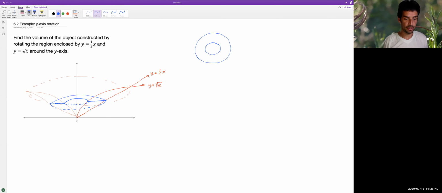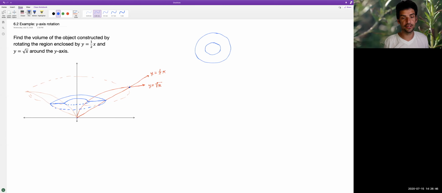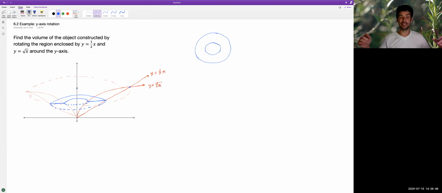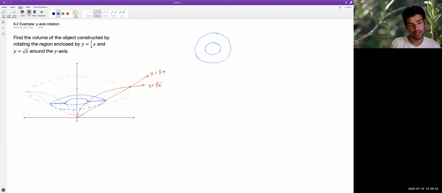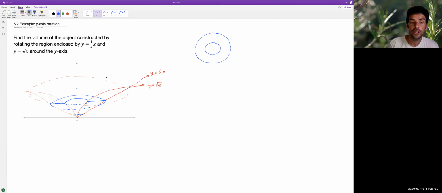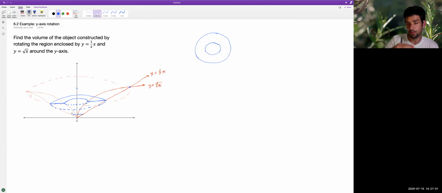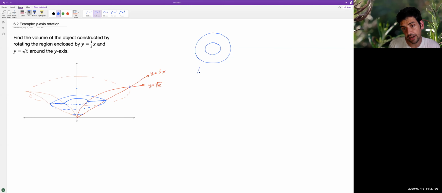For instance, the area of the ring at the bottom would be 0, and the area of the ring at the height of this intersection would also be 0 because there's no real ring. In the middle, it gets widest somewhere in here where you have the largest area. Down here, if we sliced it, we'd get a very small area, and so forth. So depending on the y value, as we move up and down, we get different areas of these rings, right?